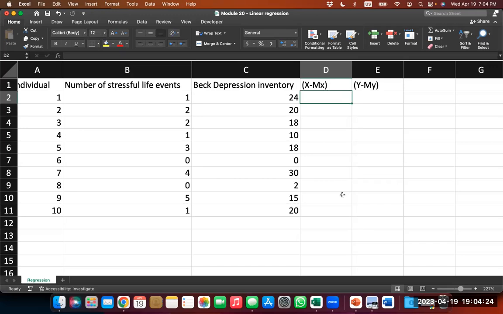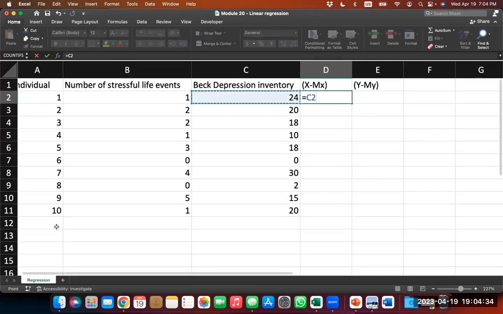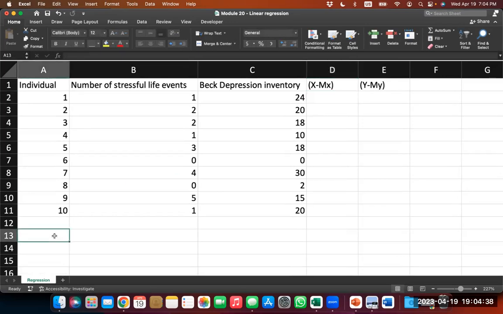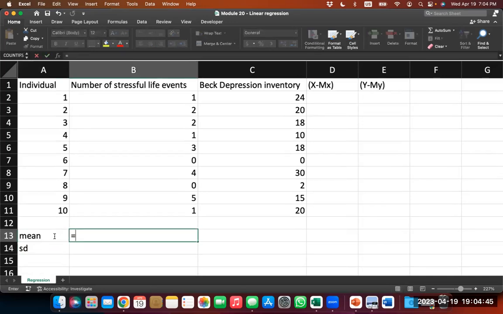Okay, so we have back to stressful life events and BDI. First we need to calculate the deviations, and the deviations is basically x minus mx. First we need an mx, so we need the mean. And so we always start with characterizing our populations, which is always with a measure of central tendency and a measure of variability.